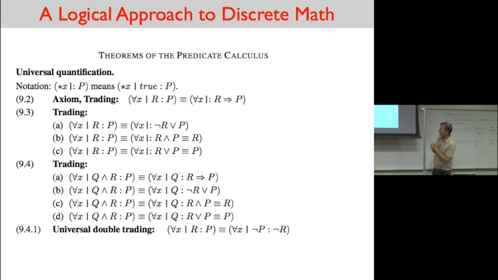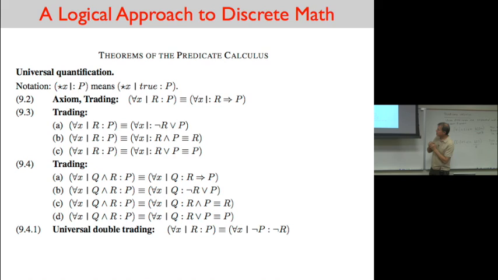It's for all x, range R, body P. Now, what is always the type of R? Boolean. The range is always a Boolean expression, and you quantify over all those values for which the range is true, yeah?